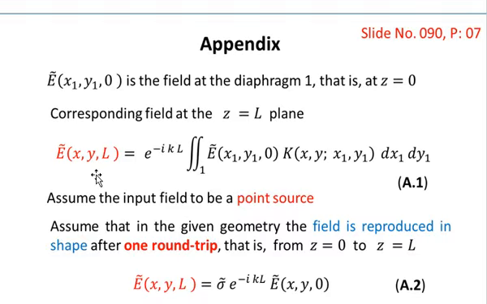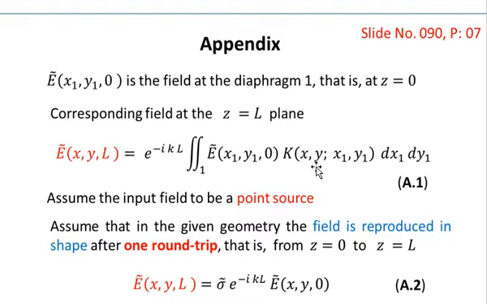The field is given by E prime as a function of x, y, capital L is equal to e to the power minus ikl, double integral over the lens 1, over the diaphragm of the lens 1, and then the integrand contains E prime of x1, y1, 0, which is the initial field at the location of z is equal to 0, multiplied by the kappa of x, y, x1, y1, and the integrand variables are dx1 and dy1.